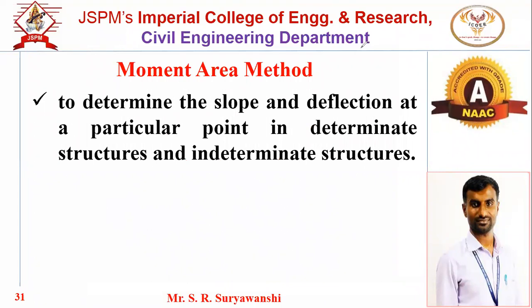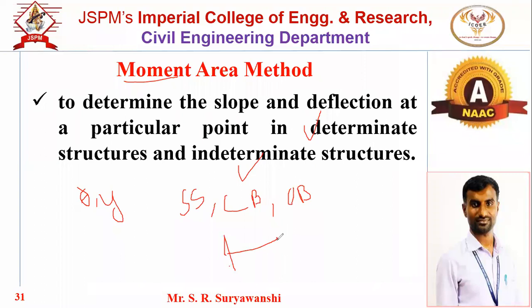In this method you can find the slope and deflection at a particular point in determinate as well as indeterminate structures. Means you can find the slope and deflection of simply supported beam, cantilever beam, overhanging beam, as well as propped cantilever, fixed beam, and continuous beam.